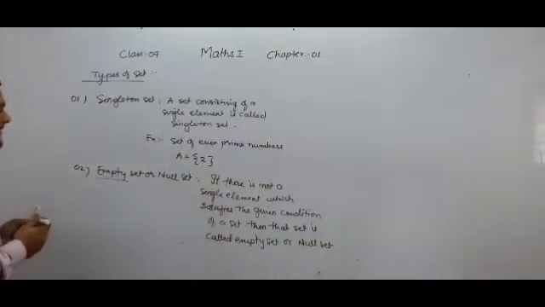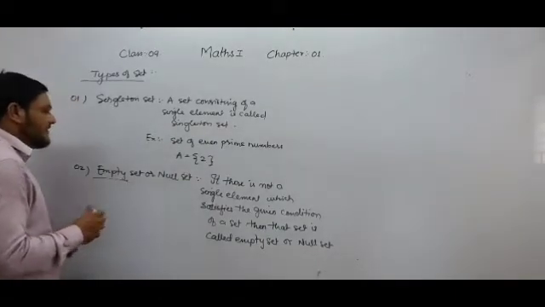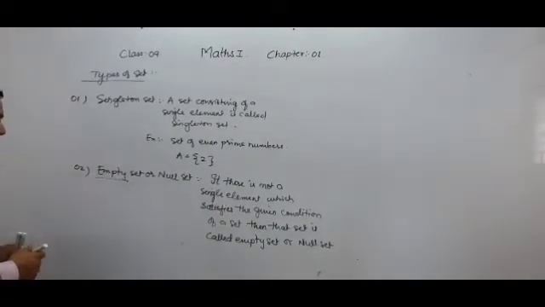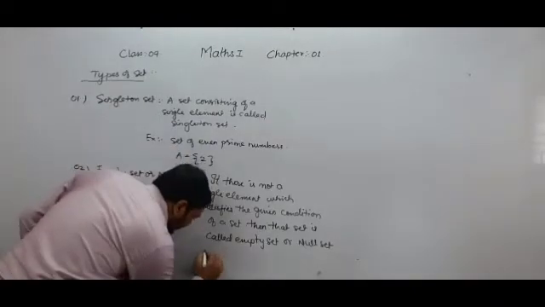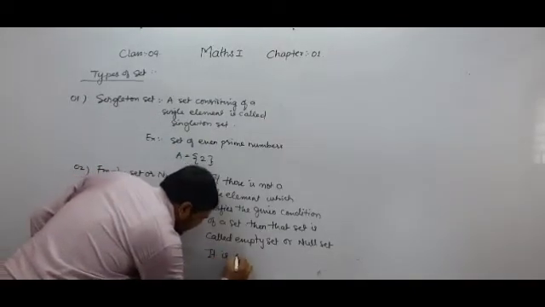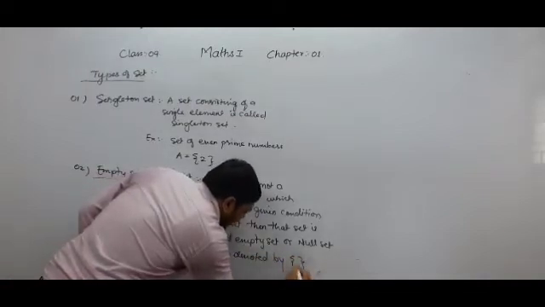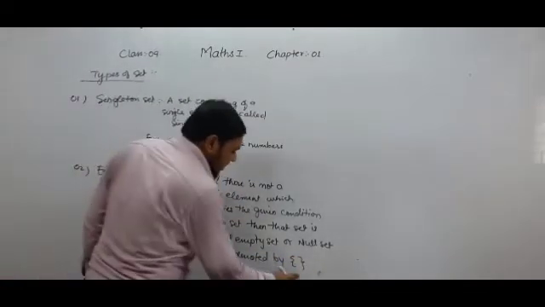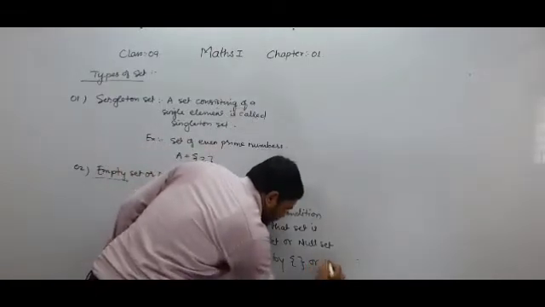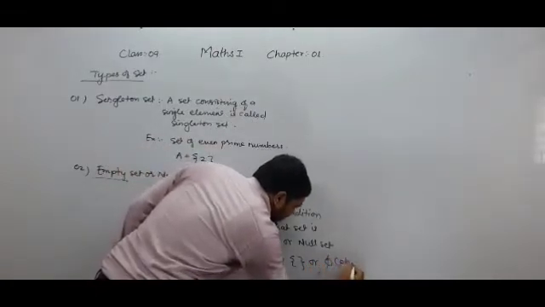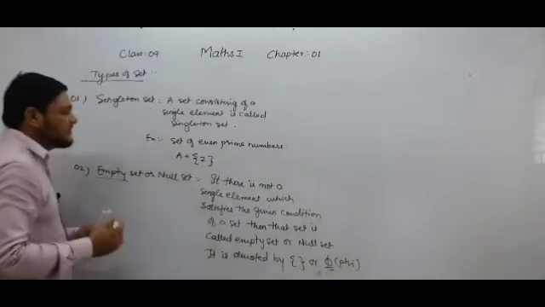So students, an empty set or null set is a set which does not contain any element which satisfies the given condition of a set. It is denoted by empty curly brackets, or you can say by one symbol which is named phi.